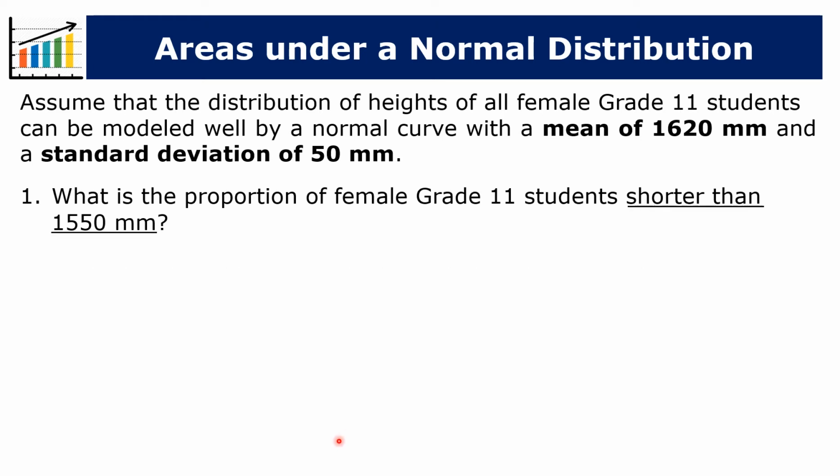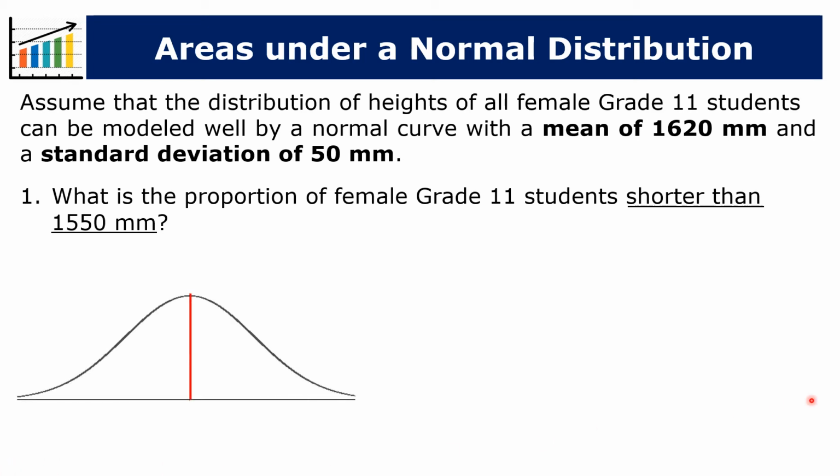Okay, assume that the distribution of heights of all female grade 11 students can be modeled well by a normal curve with a mean of 1,620 millimeters and a standard deviation of 50 millimeters. So this is the given. And question number 1 is, what is the proportion of female grade 11 students shorter than 1,550 millimeters? So how are we going then to convert this normal distribution into a standard normal distribution?